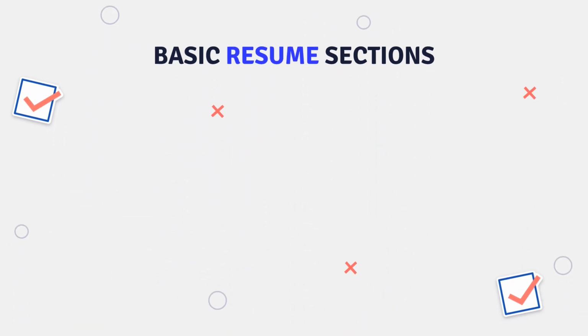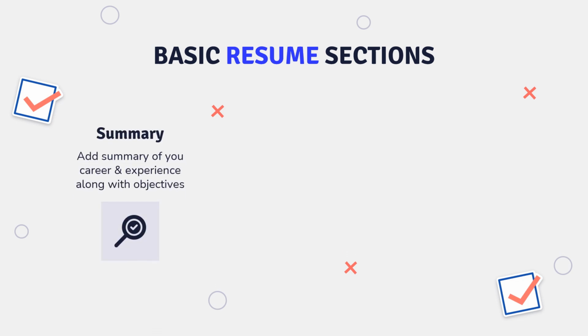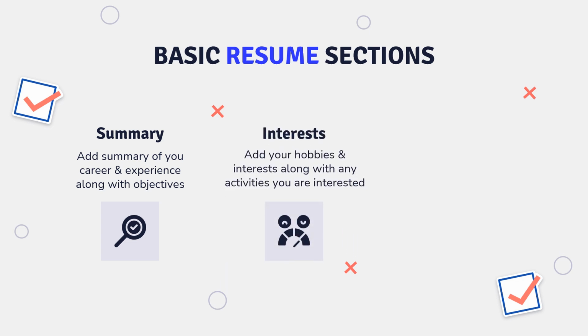First and foremost, we need to add the basic sections of the resume. First we will add the summary. The summary will clearly explain what kind of job you're looking for, what kind of industry you're looking for, what your overall experience is, and how your career is going to move forward if you work for this particular company. Next, you add your hobbies and interests, and they should be relevant to clinical research or the field you're applying for.